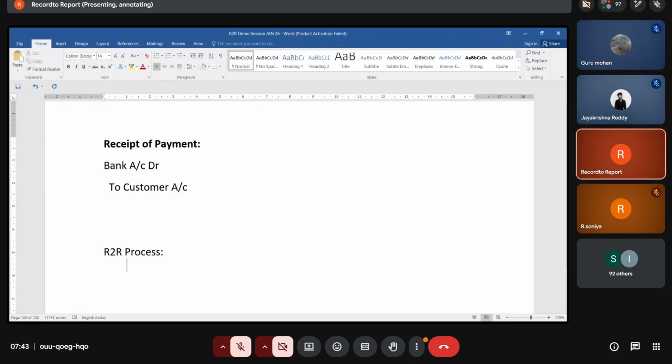R2R is nothing but record to report. R2R process life cycle.